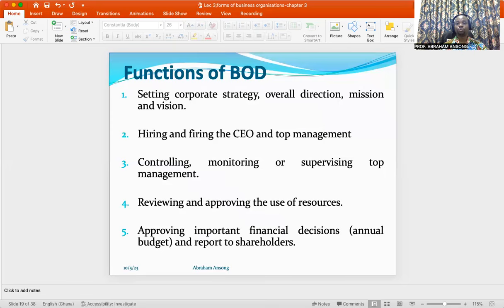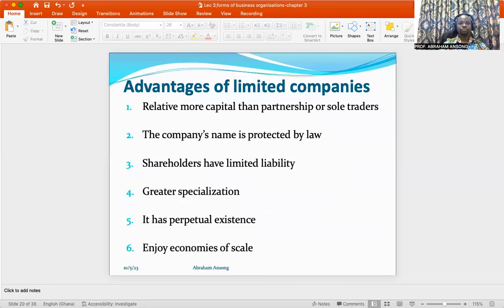Because if things go wrong, it simply means that the board did not exercise their oversight responsibility. They approved the use or misuse of the resources, and therefore they can be held vicariously liable for such wastage. All right. Point 5, approving important financial decisions such as the annual budget and reports to shareholders. Before financial statements are presented to shareholders, they should have been approved by the board of directors.